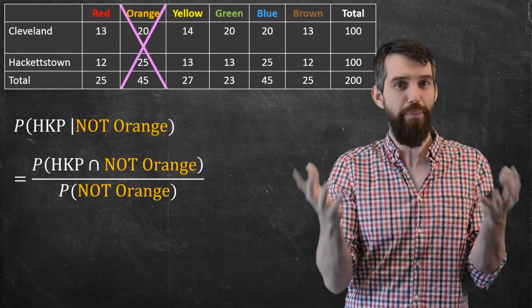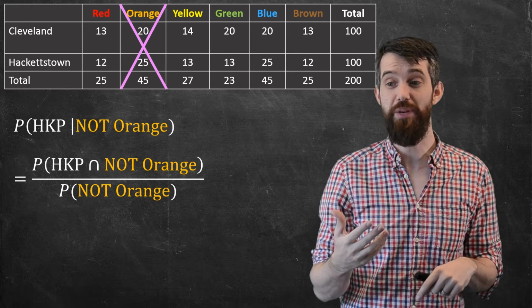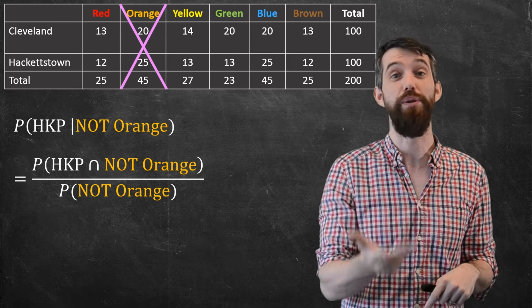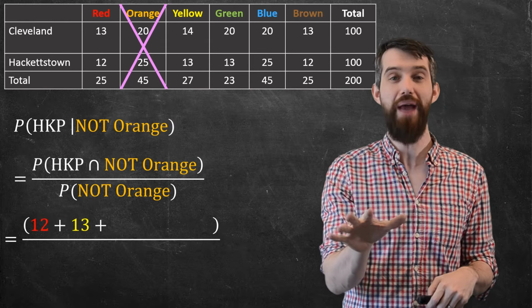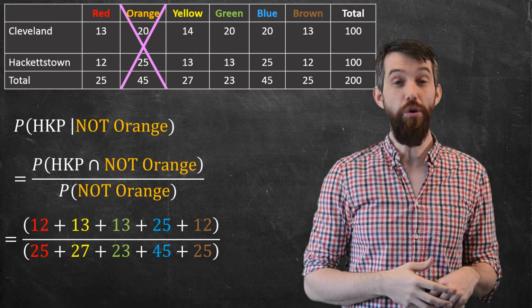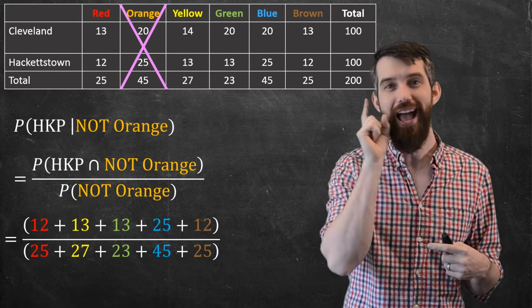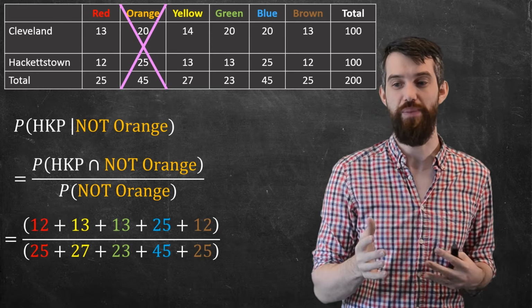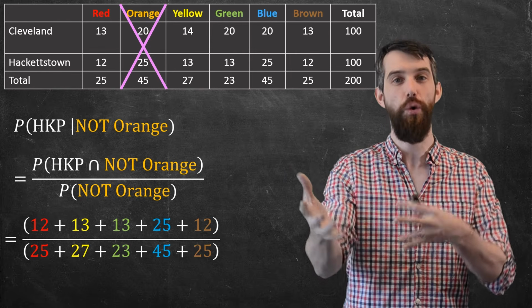But now I have to add up a whole bunch of things in the numerator and the denominator, because the way to not be orange is to be red or yellow or green or blue or brown, all of those different possibilities. So let's figure out how many there's going to be. Well, in the numerator, I add up all of the ones that are not orange and come from the Hackettstown plant. So there were 12 that were red, and then there were 13 that were yellow, and so on.